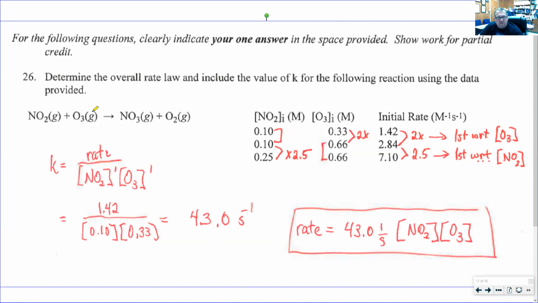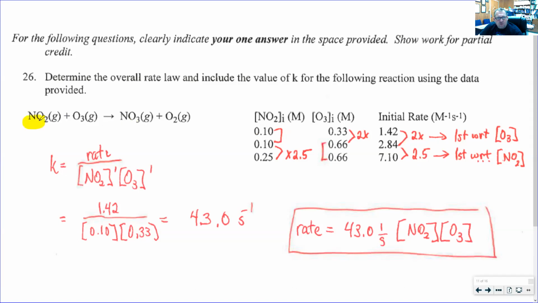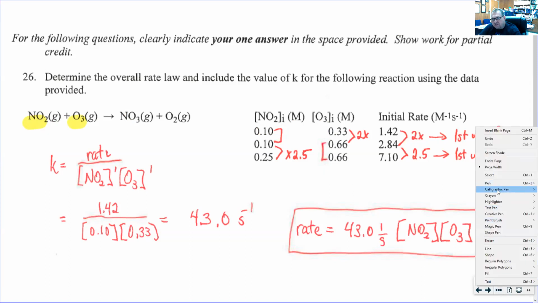So we want to find out what is the order with respect to the NO2 and to the O3, which is ozone. So if I look at the sets of experiments, I can't write very small here, so let me change the size of my highlighter.